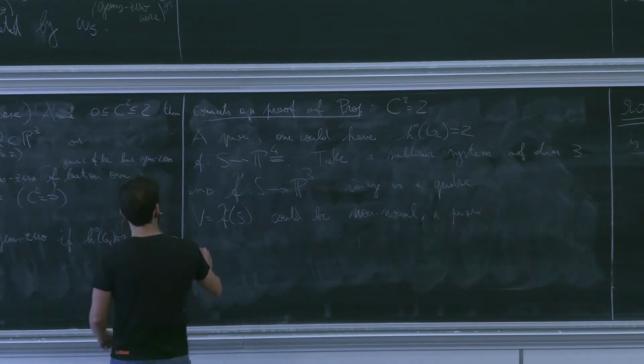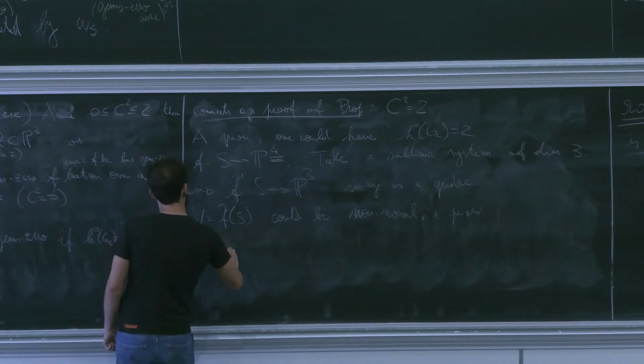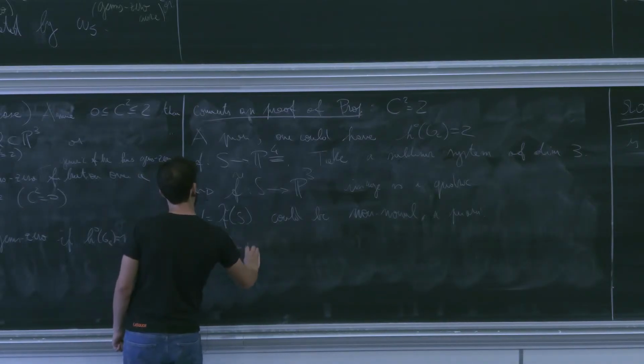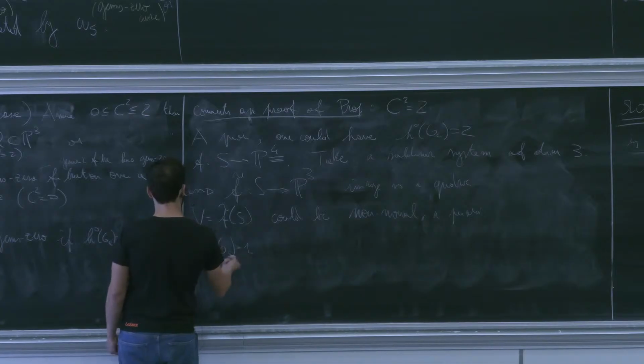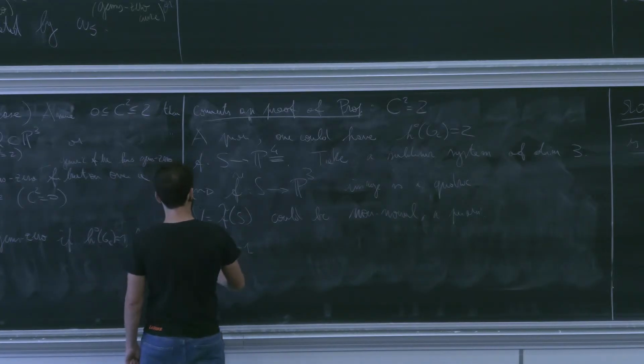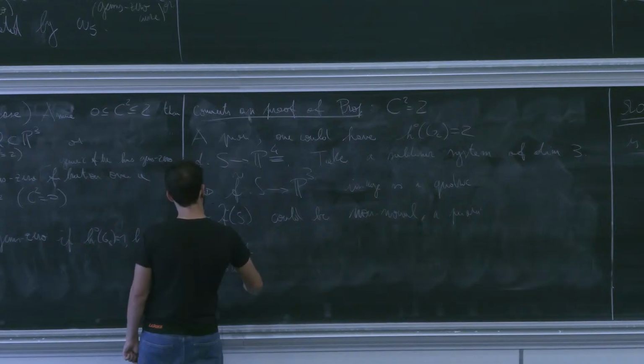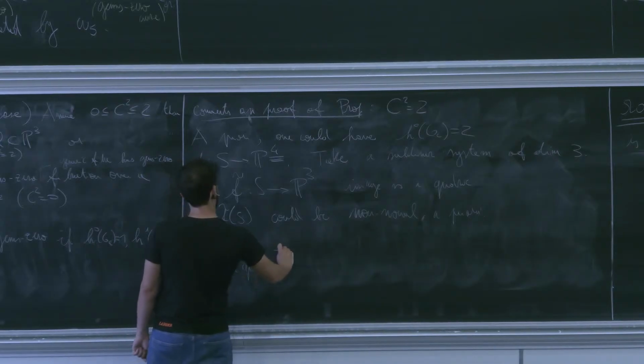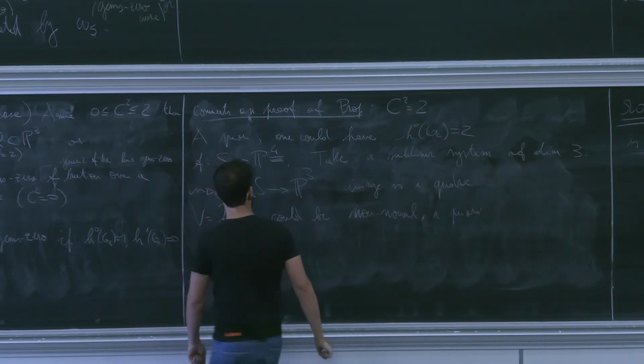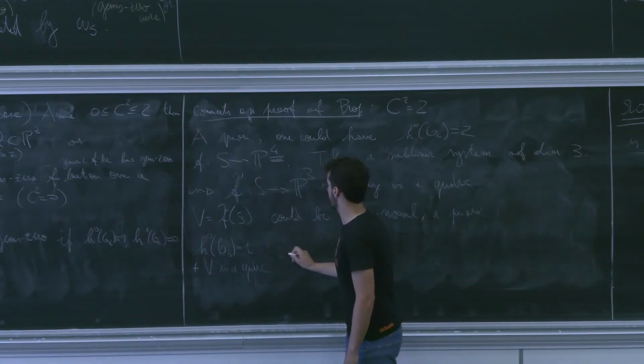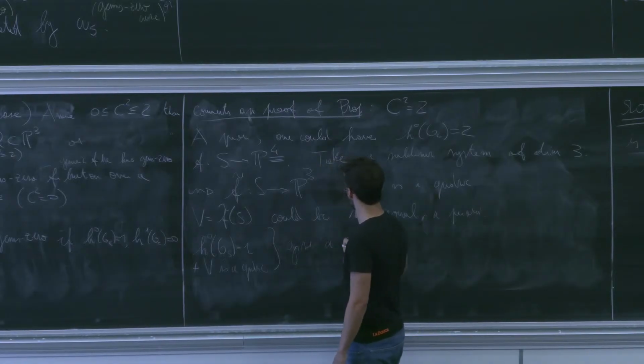But the fact that H naught of OS is 1, plus the fact that V is a quadric, tells you that this gives a contradiction.